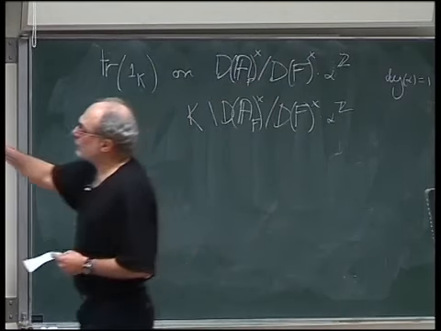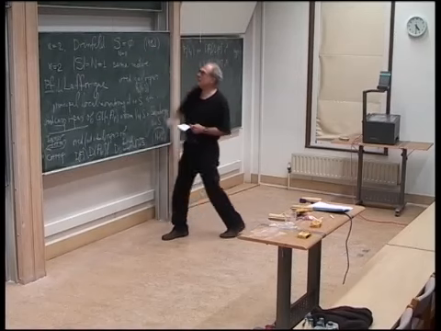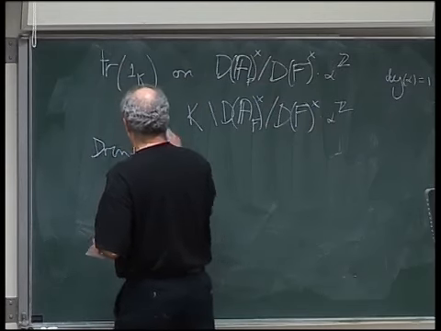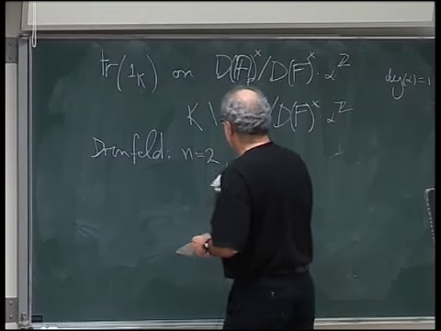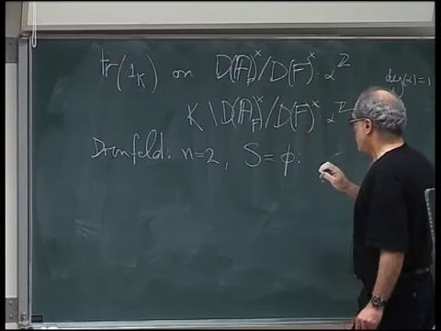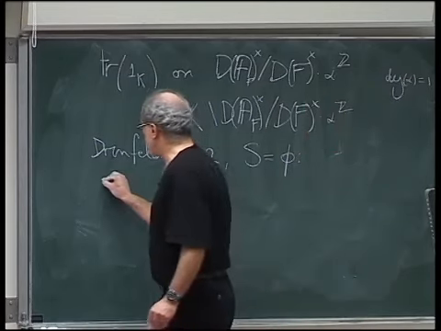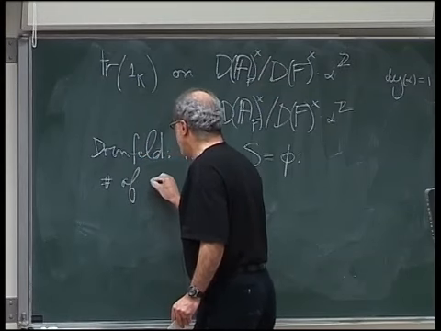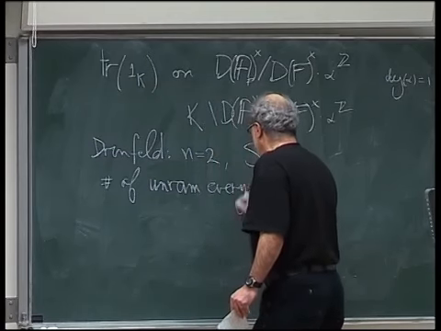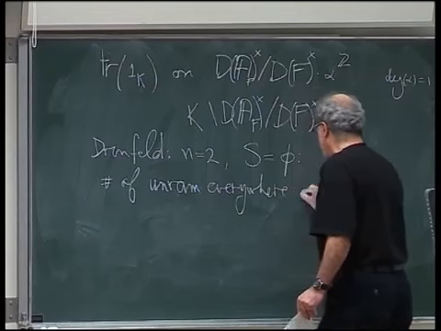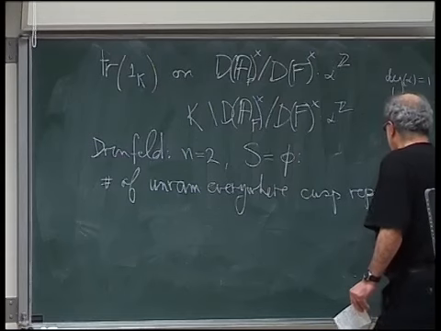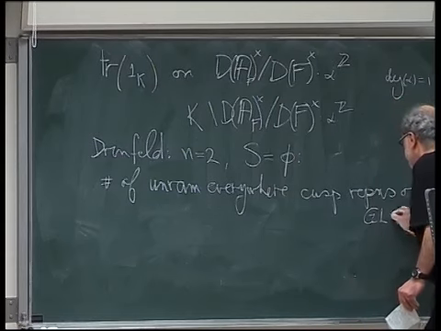And as for Drinfeld, what he did in the case n is equal to 2, where the set was empty, he considered precisely the number of unramified everywhere irreducible cuspidal representations of the group GL2.